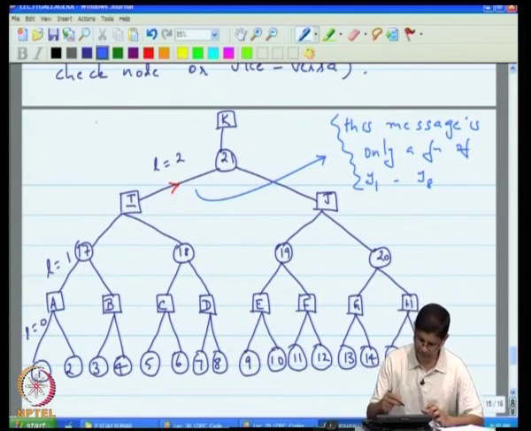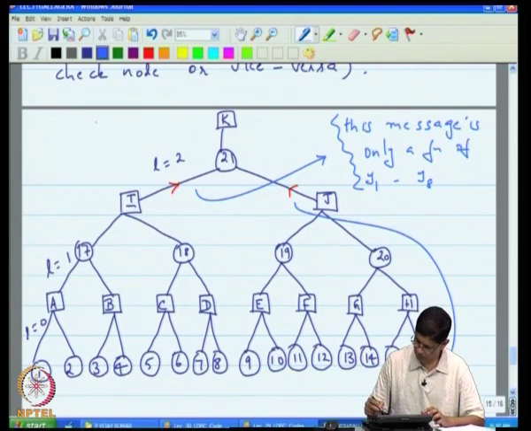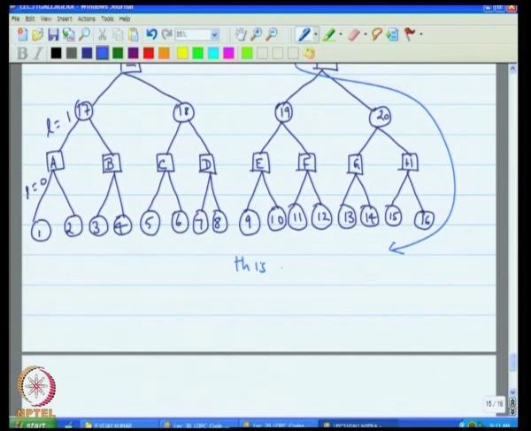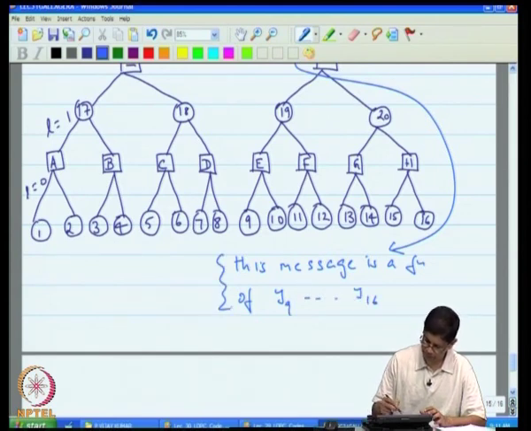Now, in similar vein, if you ask yourself the question, what is this message a function of? Okay. And then you see that this message is a function of y9 through y16.